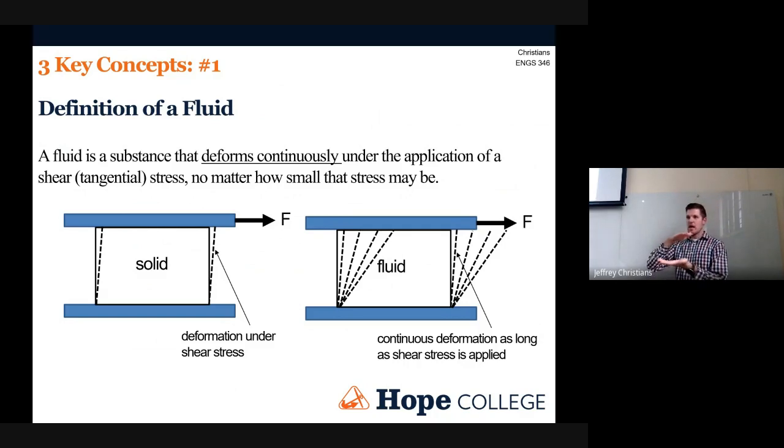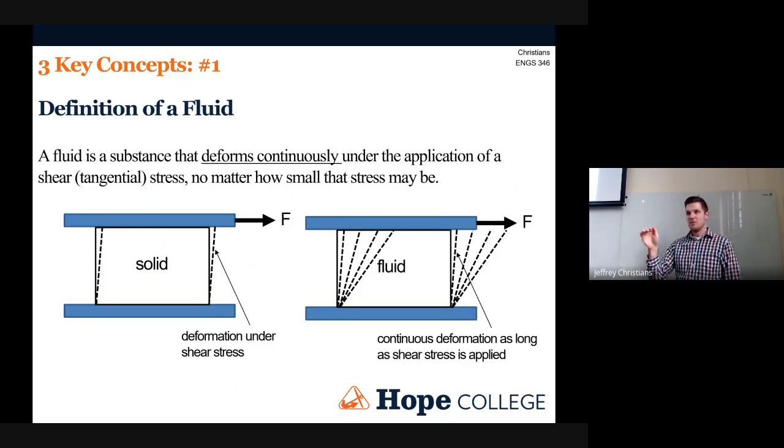Fluids, when you apply any force of any magnitude, will deform continuously. If you push with any force on water, it will flow in response to that movement. That would be a classic fluid. Something like shaving cream is not exactly a perfect fluid because it does not deform continuously under any stress.